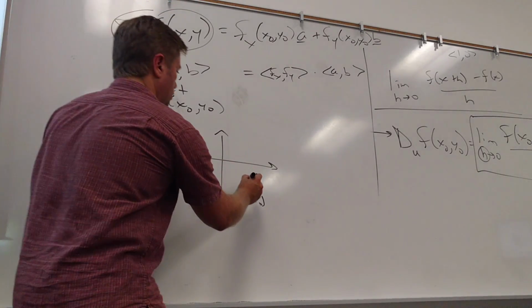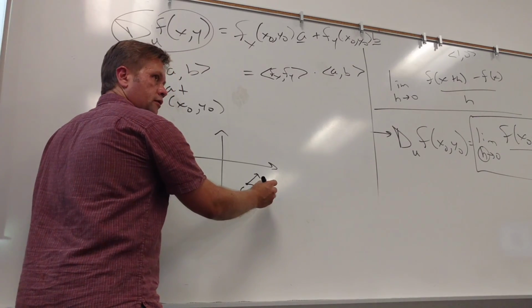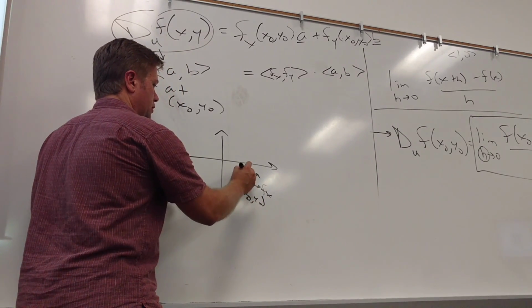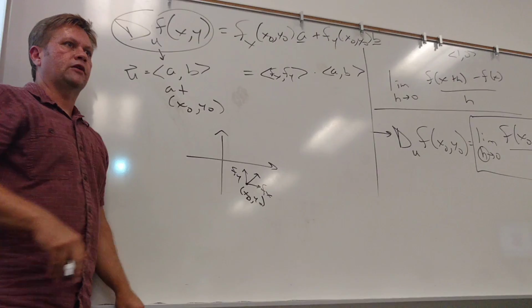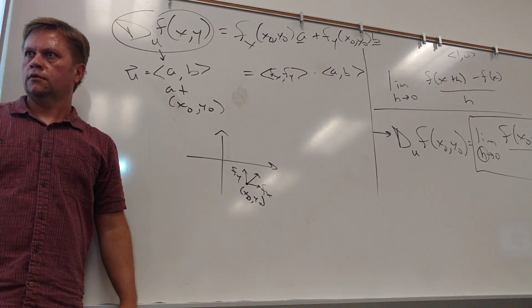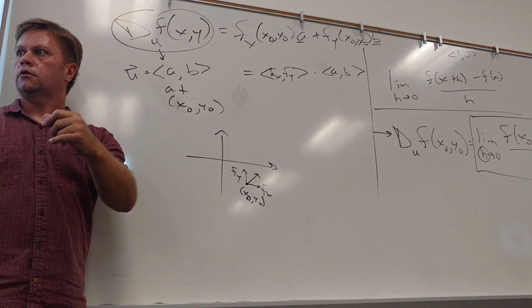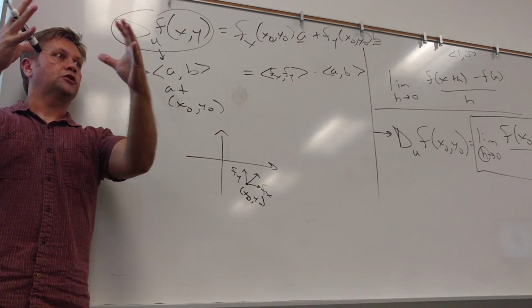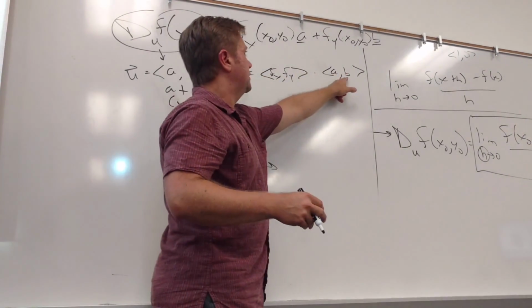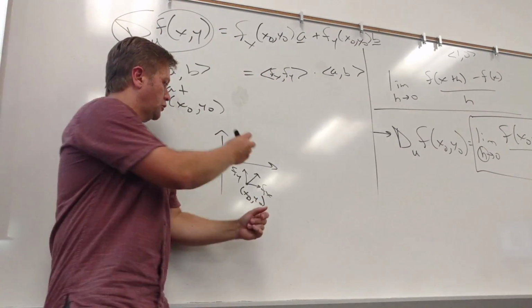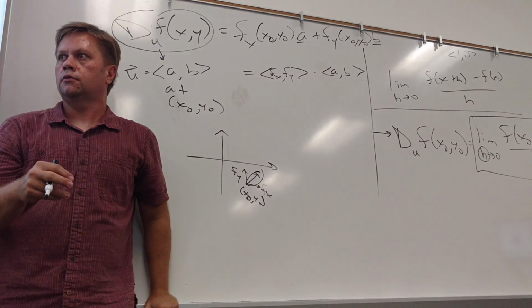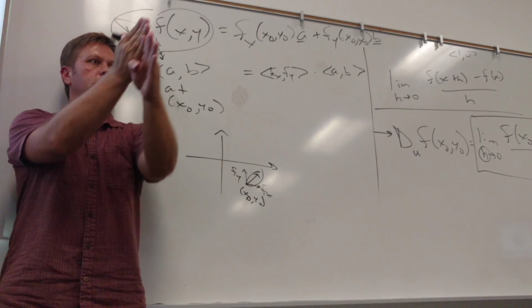Well, I know how much is going to change in this direction. That's fx. And I know how much is going to change in that direction. That's fy. So together they make their own vector. So if I dot these together, I see what the resultant is just in that direction. How much of those lie along those lines?